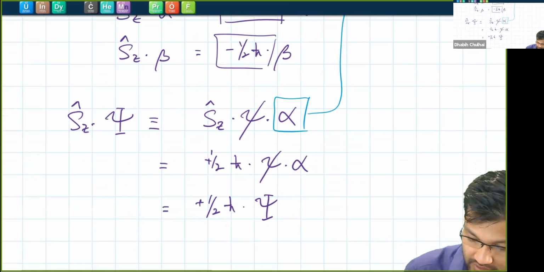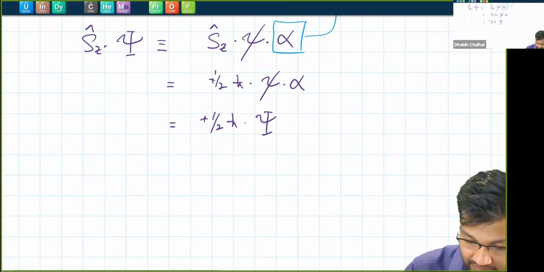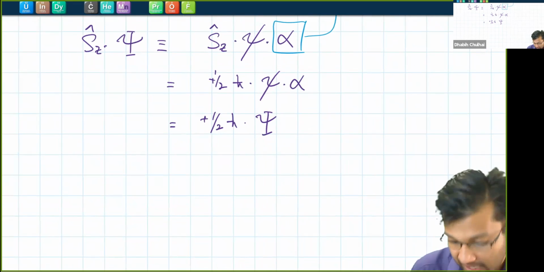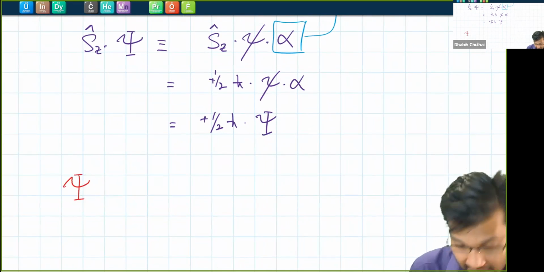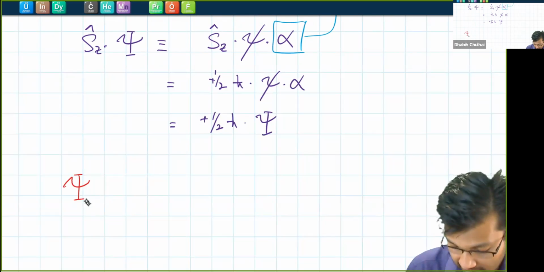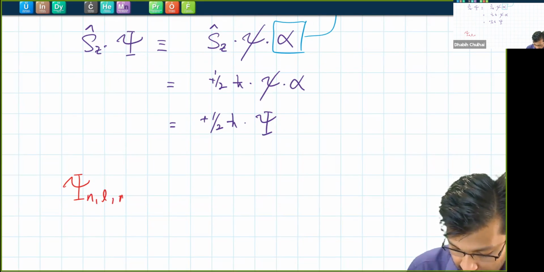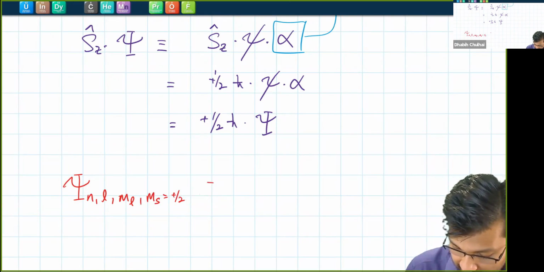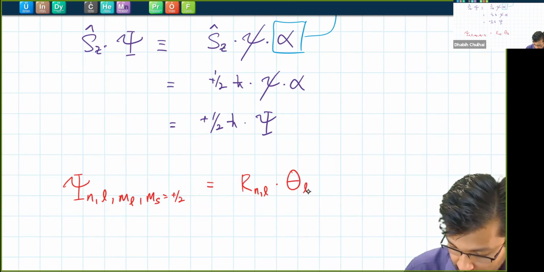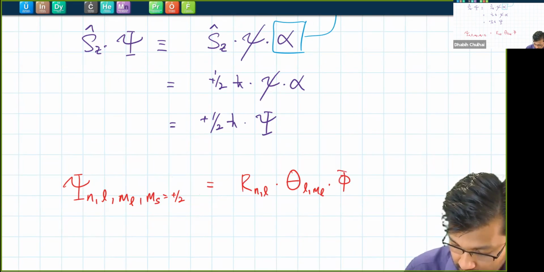And in case you're wondering how this all comes together for a hydrogen atom, right? Now a hydrogen atom will have 4 quantum numbers. It'll have n, l, ml, and ms, right? And if this ms is plus a half, then this wave function will be the R part, the theta part, the phi part.